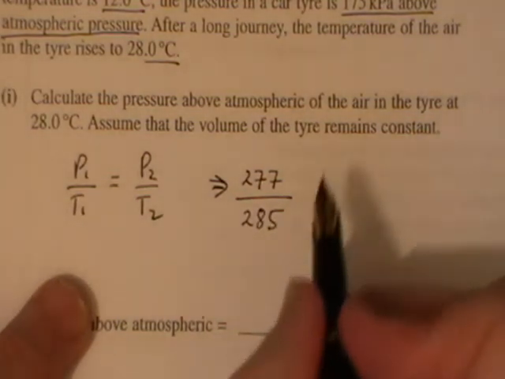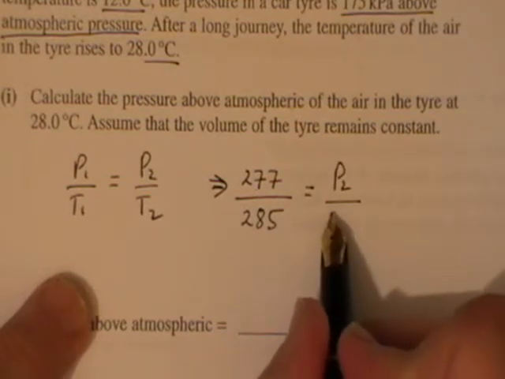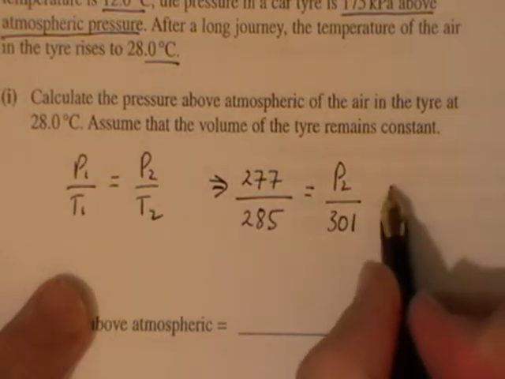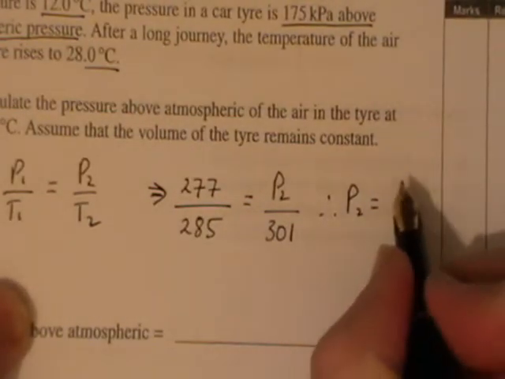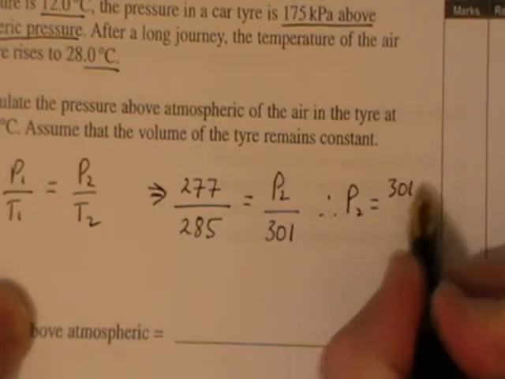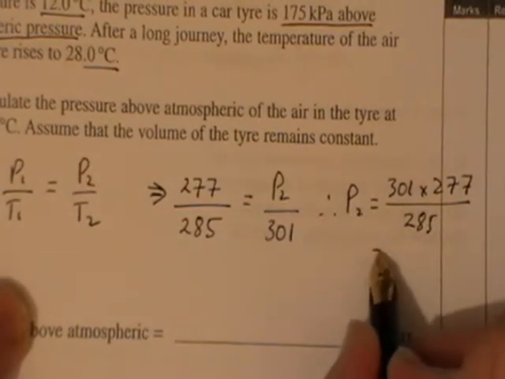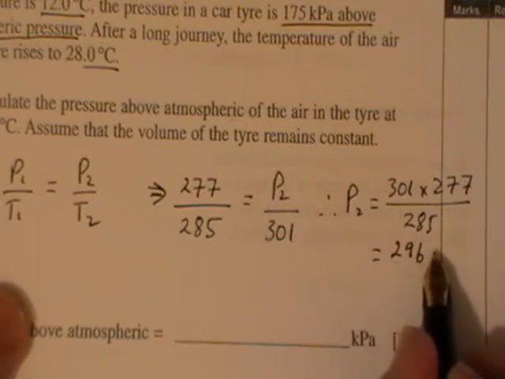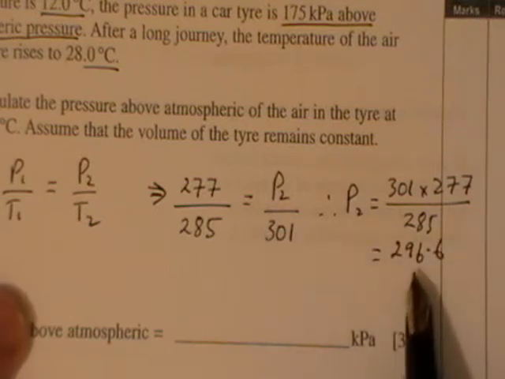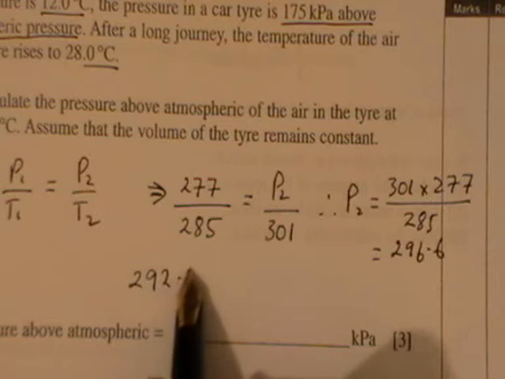So we have 277 over 285 Kelvin equal to the new pressure over 28, which will be 301. Therefore, the pressure we're looking for is equal to 301 times 277 divided by 285, which is equal to 292.6.